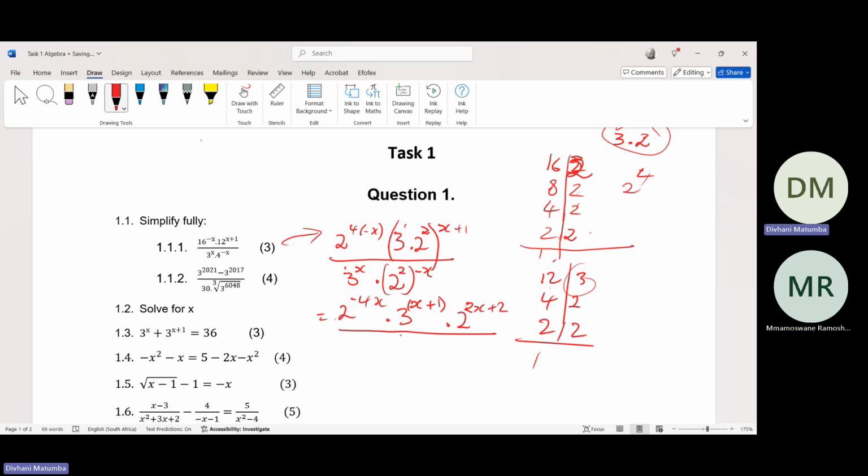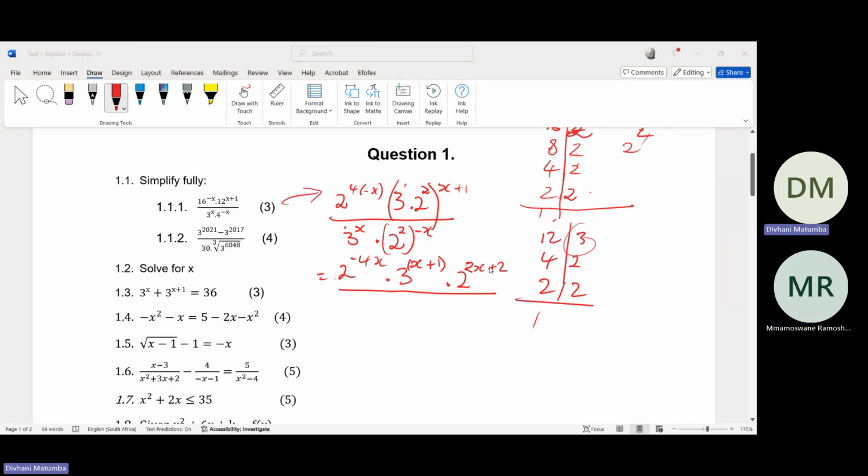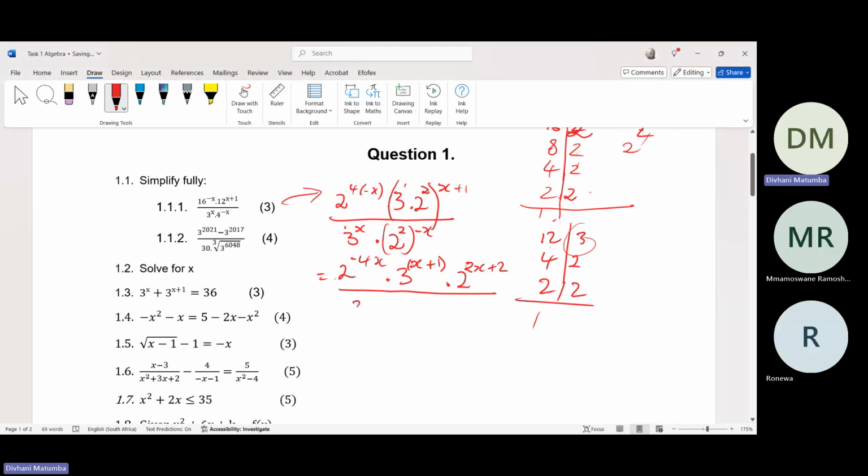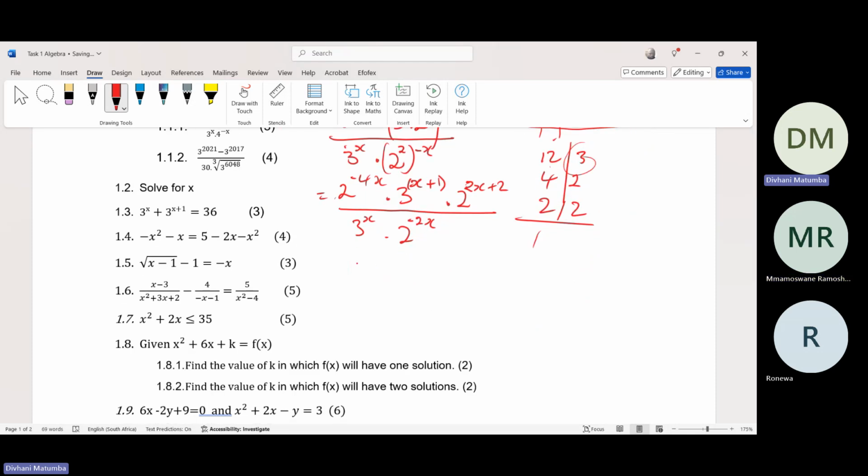And then we will have 3 to the power of x, and then 2 to the power of minus 2x. I think from here it becomes very easy. Then it becomes 2 to the power of minus 4x plus 2x.